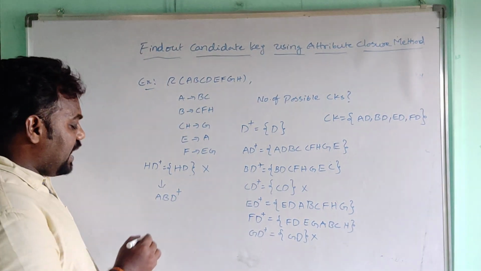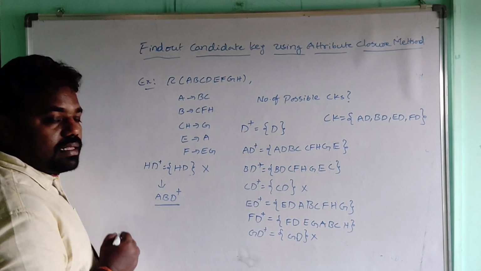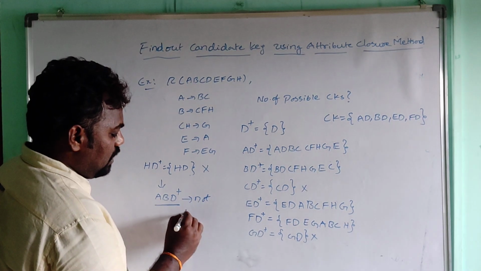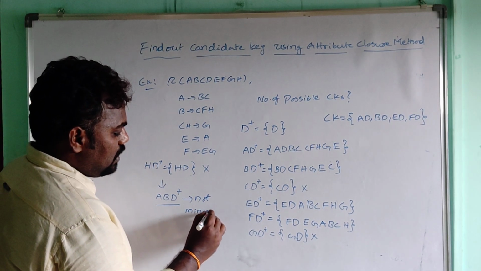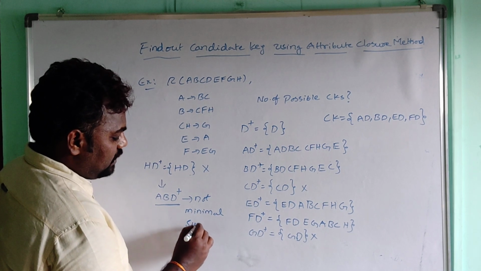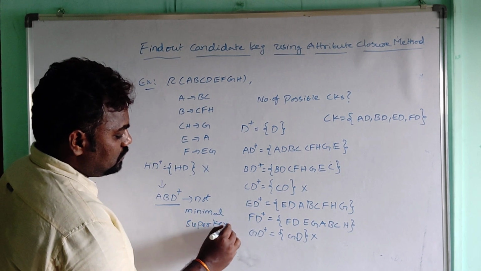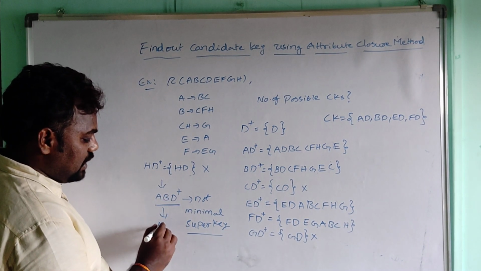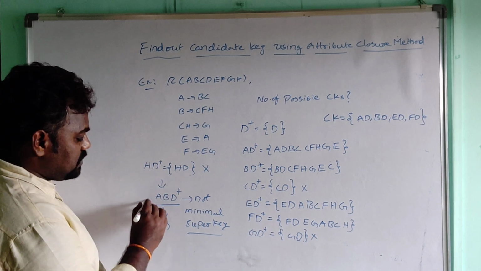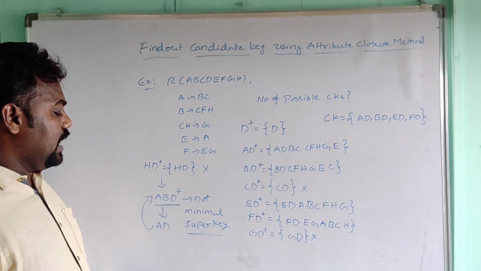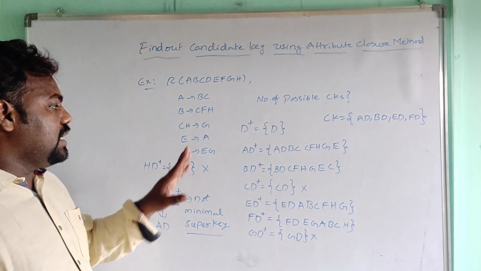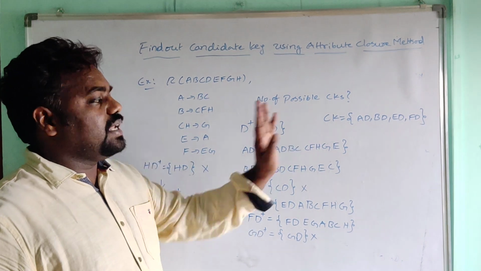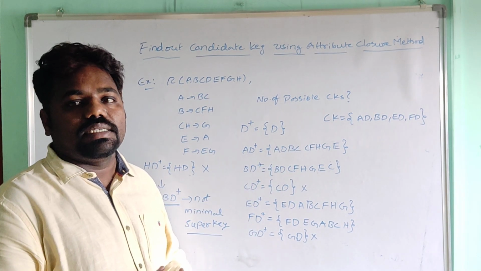But ABD is not a minimal super key. Why? Because AD is a proper subset of ABD. Then these are the possible candidate keys for this given relation.